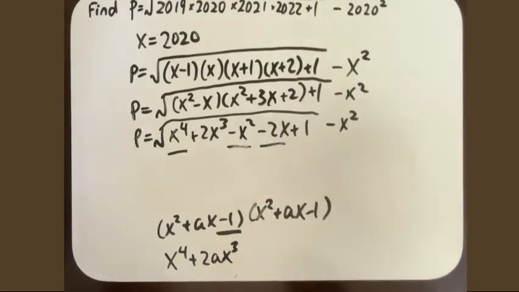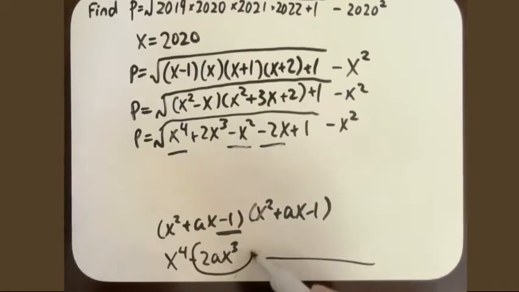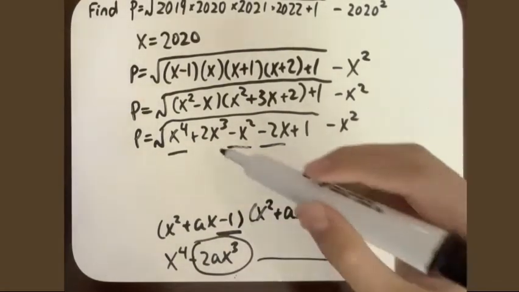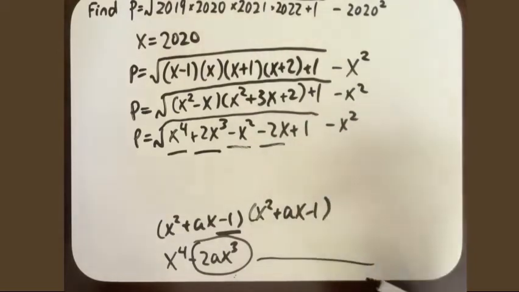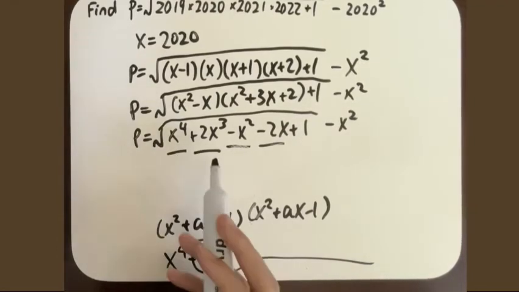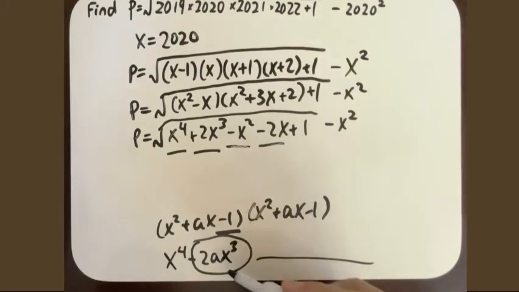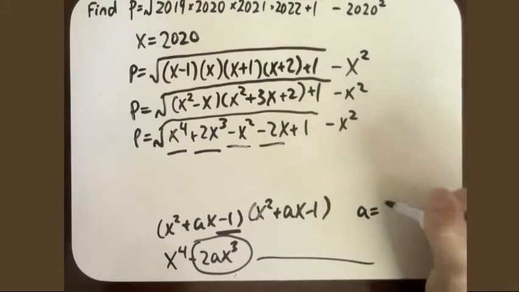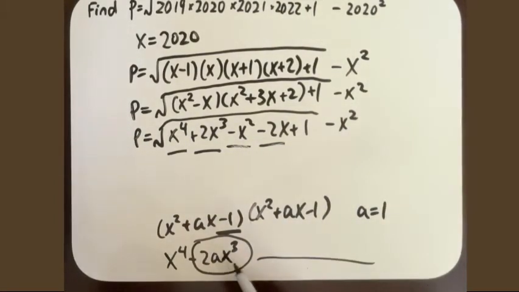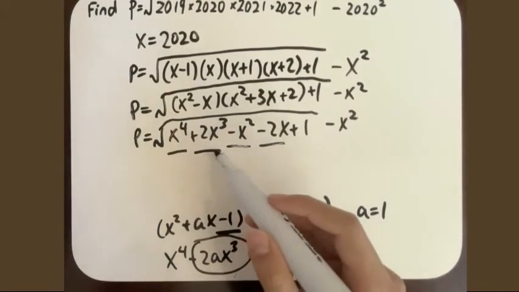Technically, we can already stop here, and we don't really need to rewrite the rest of the expression, because here we've got 2ax cubed, and here we've got 2x cubed. And since we know this is the form of the expression of the perfect square, 2ax cubed matches up with 2x cubed. Therefore, a equals 1, so 2 times 1 times x cubed is 2x cubed.